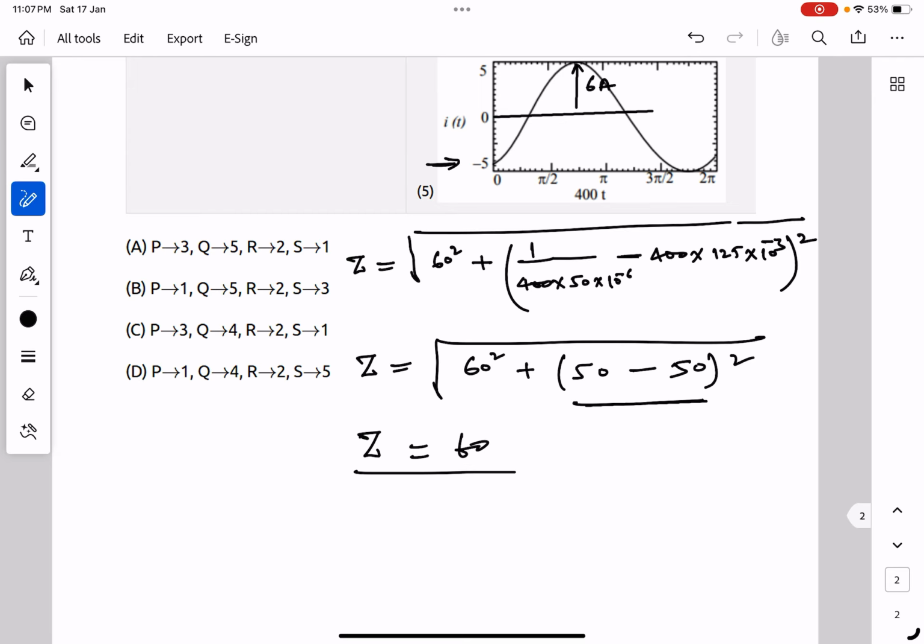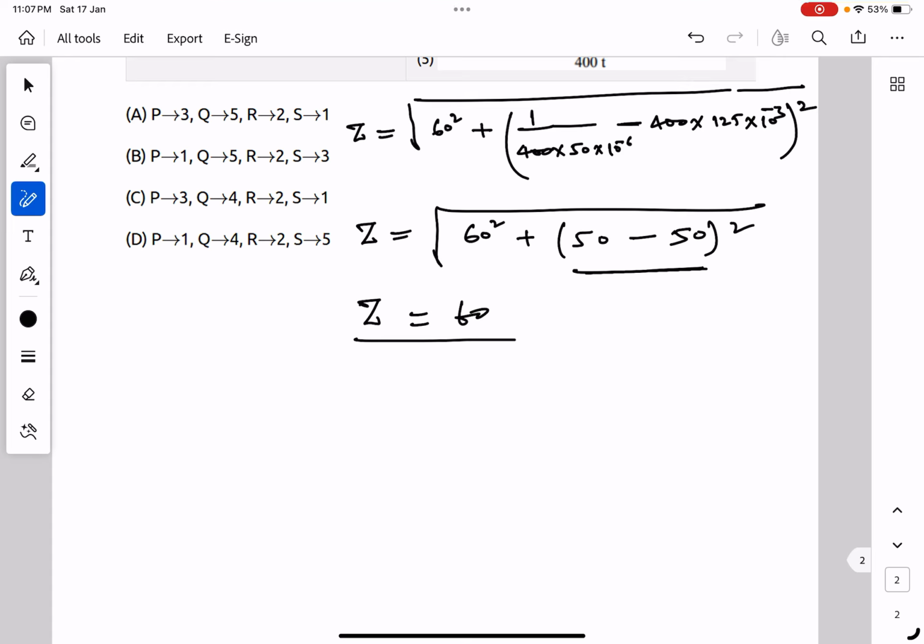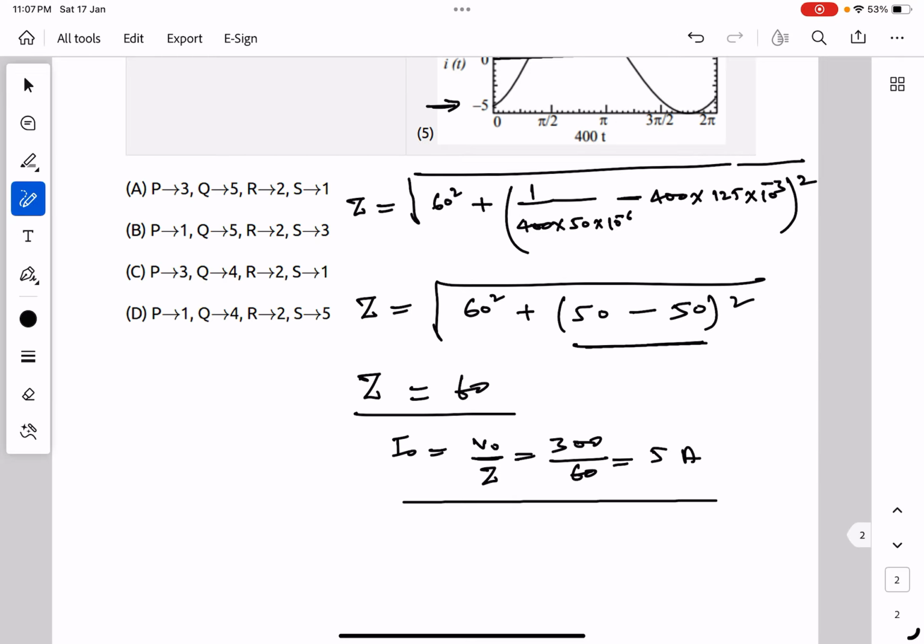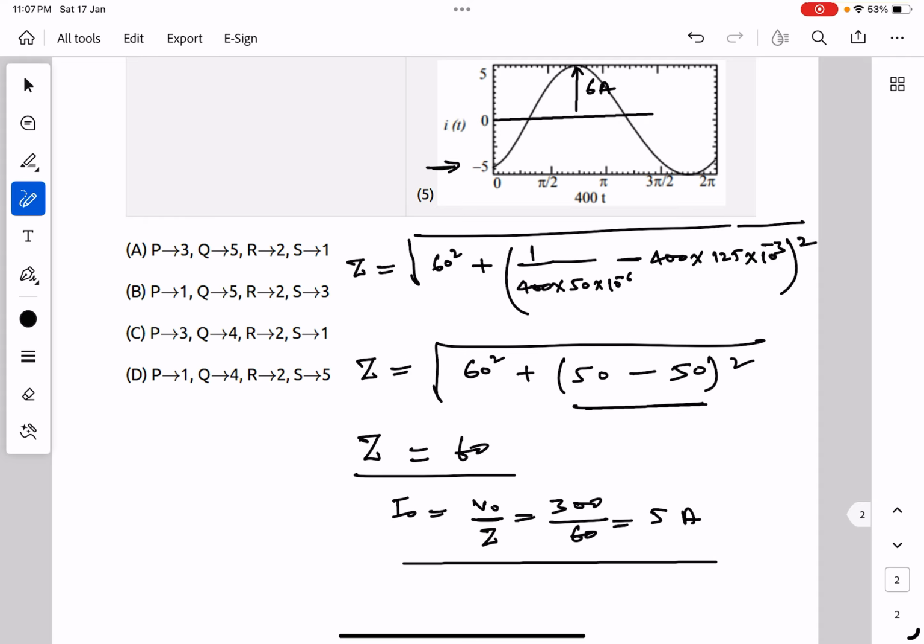So that means current is in phase with the voltage. Let us find out I naught. This will be equal to V naught upon Z. Z is same as resistance in this case. So this is 300 upon 60 and this is equal to 5 ampere. So let us find out the correct match for it.